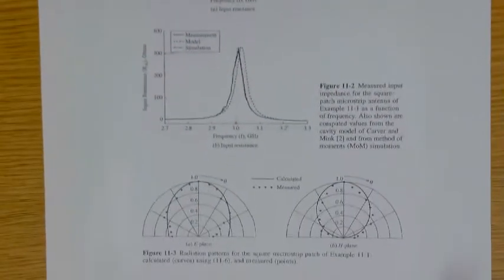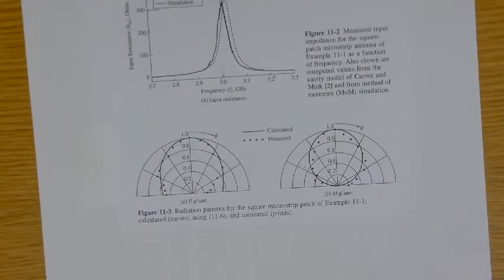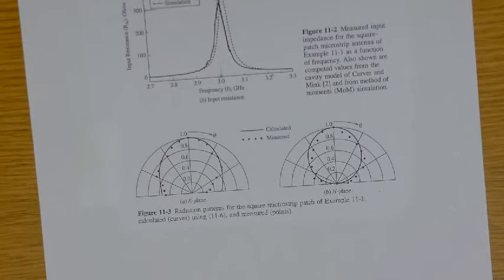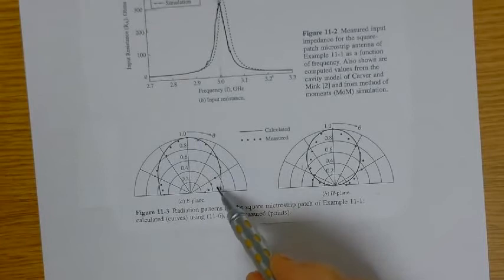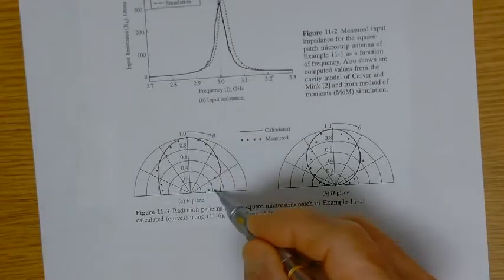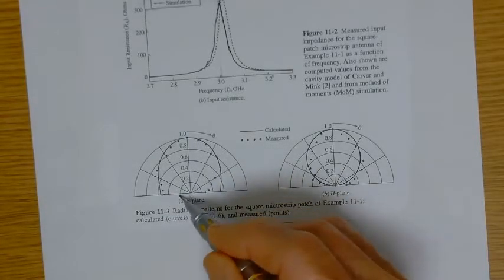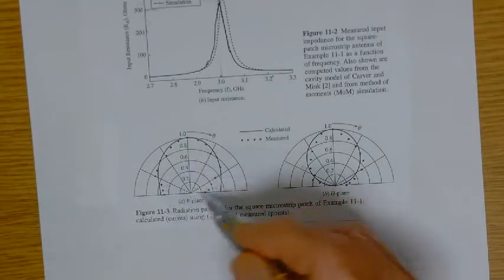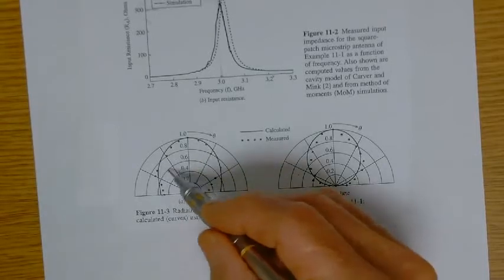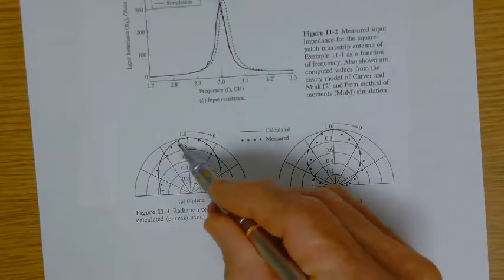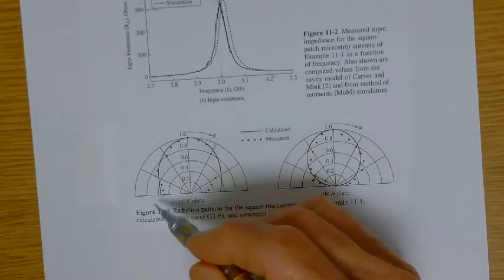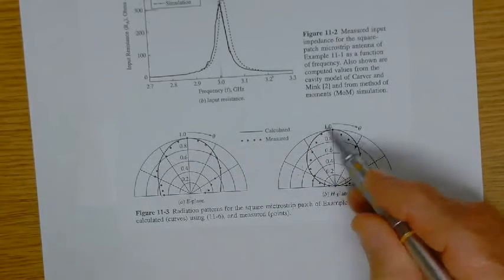Okay, so then we move down. And now we take a look at the radiation pattern. We're going to look at the E plane and the H plane. So here's your E plane pattern. As you go down, this is going to roll off and be small on the underside of the patch. So it's a pretty broad pattern. And then here's your H-plane pattern.